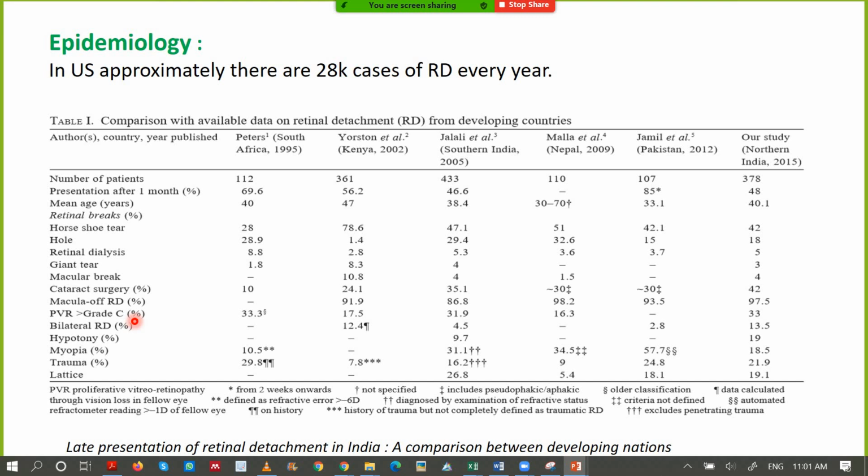These are the major causes and types of retinal tears which were found across developing countries, and in the case of South India this is the situation.